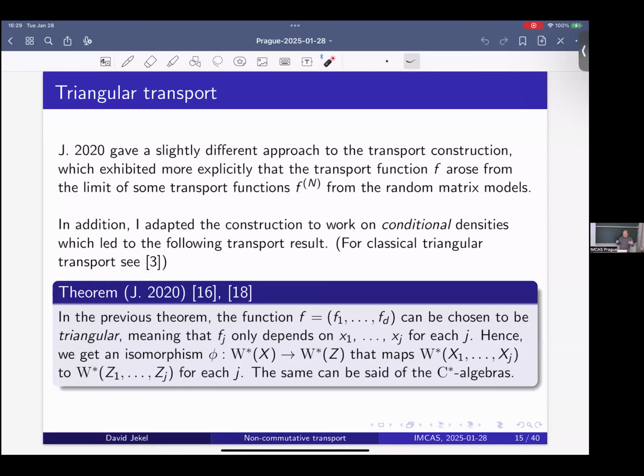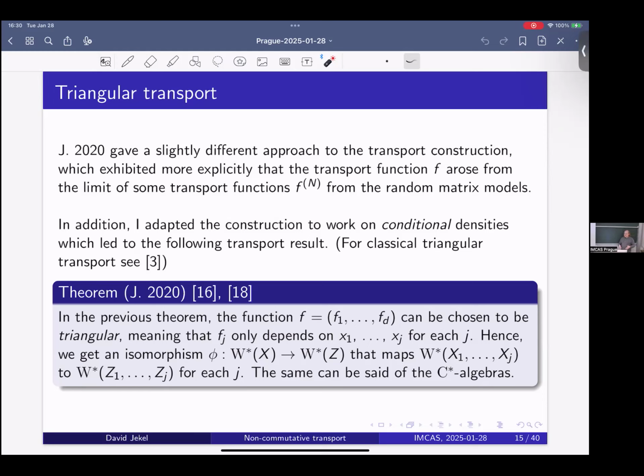But the main interesting thing about this, as far as von Neumann algebras are concerned, is that you can get the function in the previous theorem to become triangular, meaning that the jth output only depends on the first j inputs. What that means in terms of the operator algebra is that not only do you have an isomorphism of those von Neumann algebras, but you choose the isomorphism in such a way that the algebra generated by the first j generators is mapped to the algebra generated by the other first j generators.